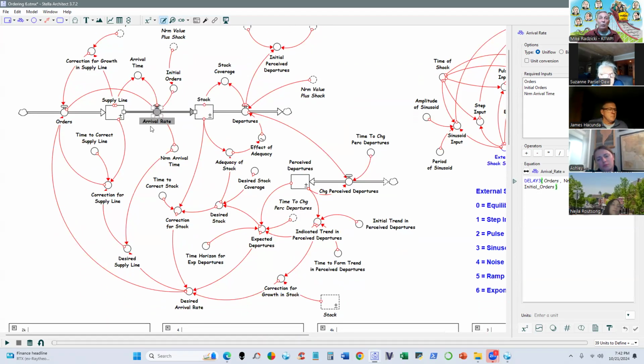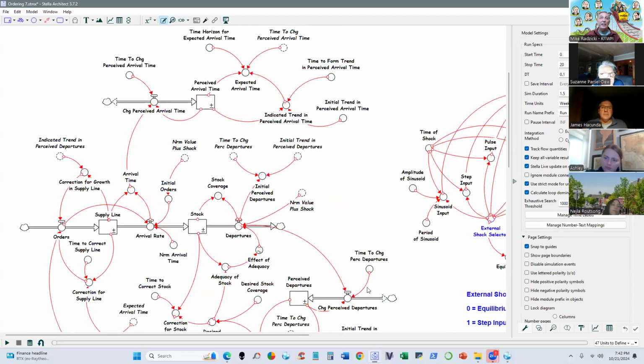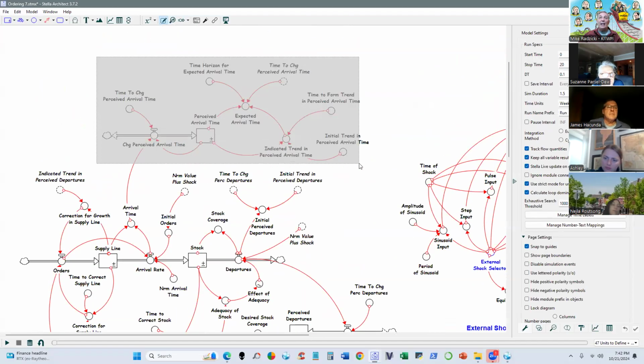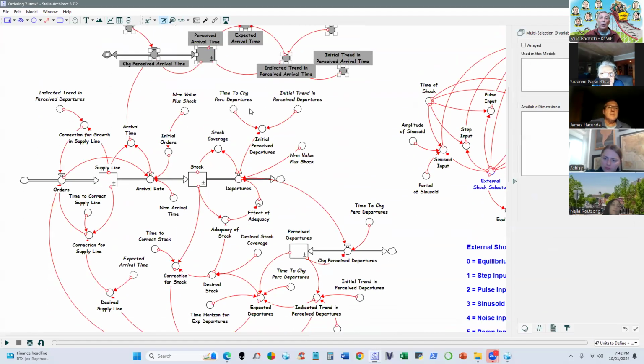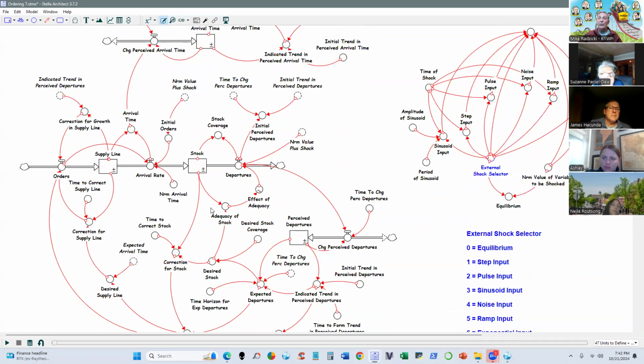I probably should have done that all in one. But this is a third order delay here, but it's made compact. And then in the final one, I'm trying to remember what I did here. I used the compacted one for expected arrival time as well over here, along with the canned third order delay.